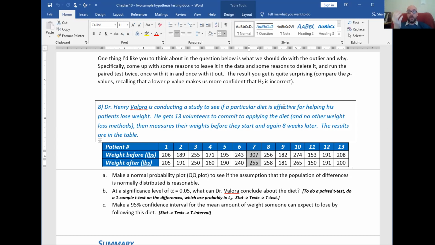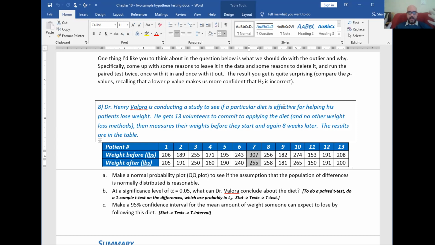Wouldn't it be great if this diet worked really well for some class of people? And so I think the right answer to put it in or leave it in or take it out is probably do both, right? We should probably have one kind of analysis if it's in, one analysis when it's out.